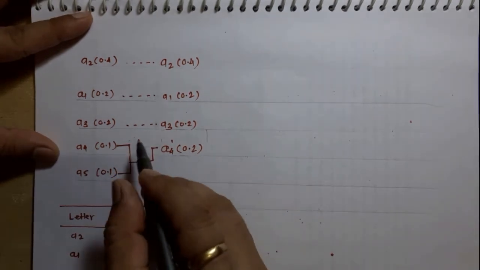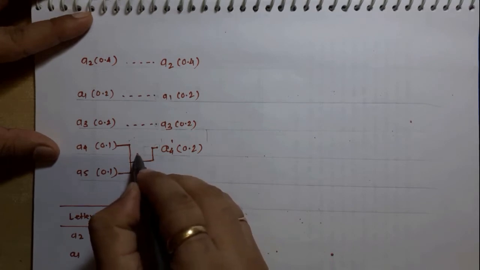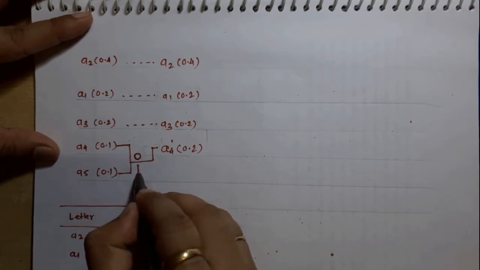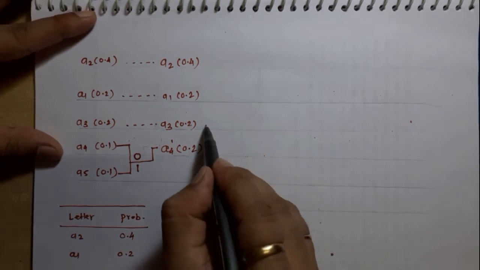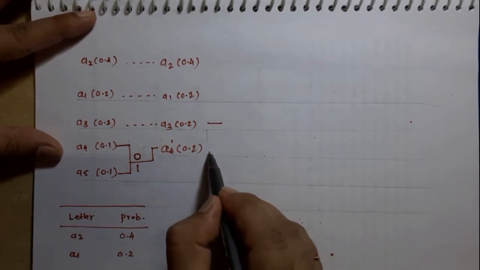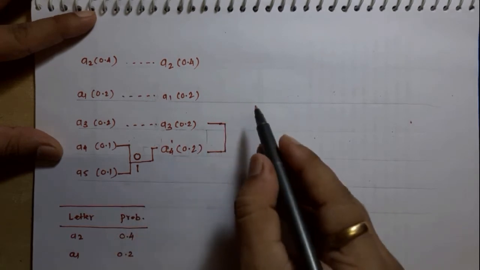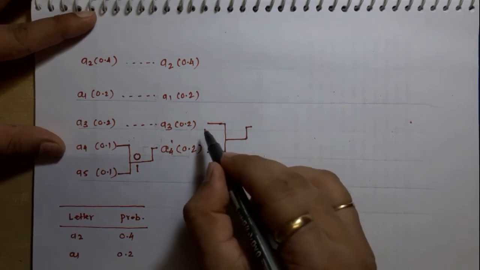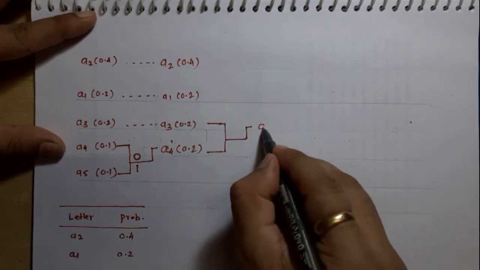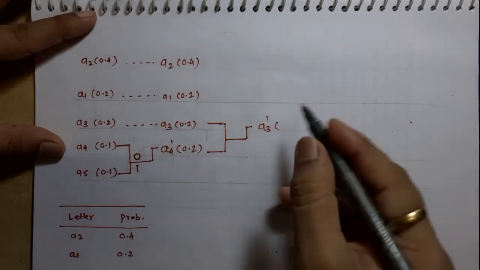Next, we assign the binary values: the upper branch as 0 and the lower branch as 1. Then again we add the next bottom two probabilities and name the result A3 dash, the addition of A3 and A4 dash.